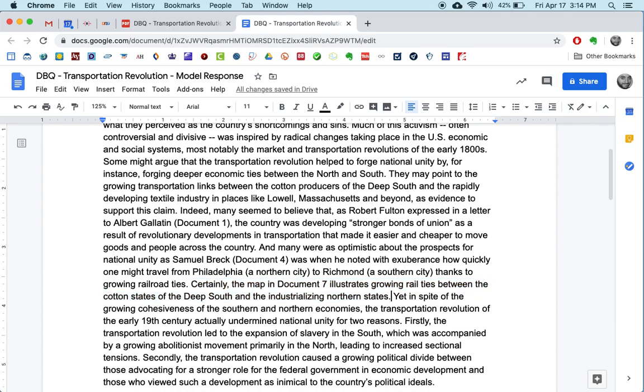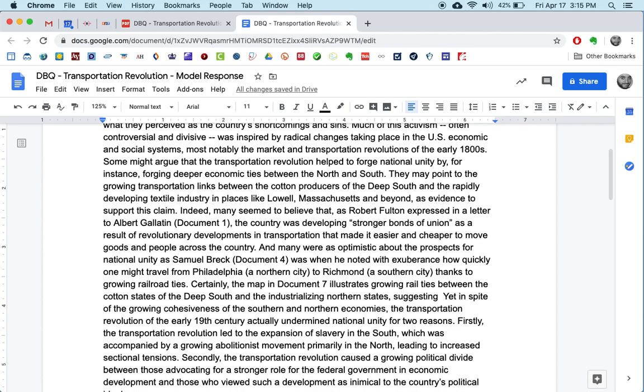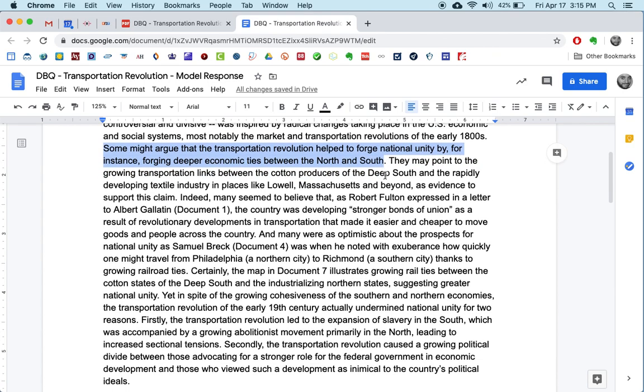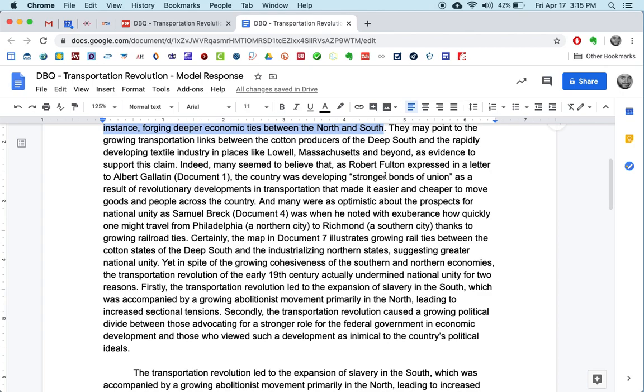And just to clinch it, I might add "suggesting a greater national unity," so the reader understands that I know why this document is there: I'm describing it because it goes along with the counterclaim that I'm highlighting. So 3 documents in my thesis, all of which match up with my counterclaim.